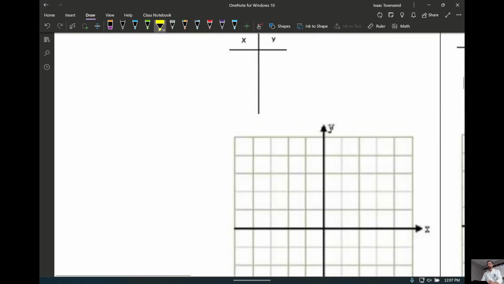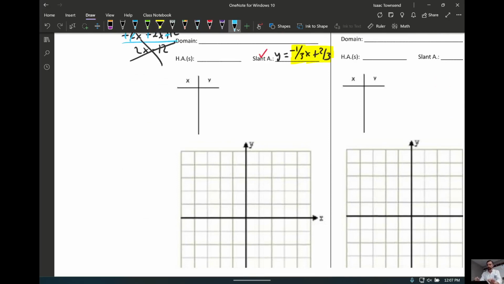This guy is in mx plus b format, so we've got a y-intercept of 2/3 and a slope of negative 1/3, just like we have practiced recently. And notice it's not a vertical asymptote, and it's not horizontal, which would make it a horizontal asymptote. It's at a slant, which is where it gets its name, slant asymptote.